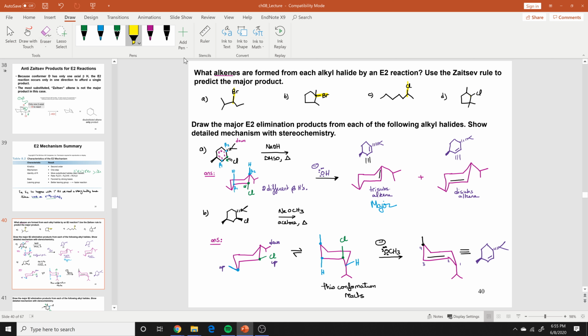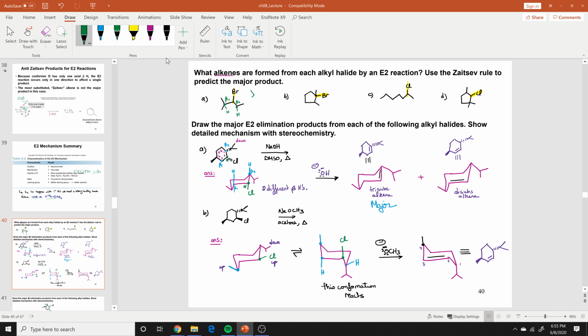I know that the reaction happens in one step. Then locate your beta hydrogens. I have a beta hydrogen in here; this is going to be beta 1 hydrogen. I have another beta hydrogen over there; it's going to be a beta 2 hydrogen. If the base comes and takes that beta 1 hydrogen, then my double bond is going to be here.